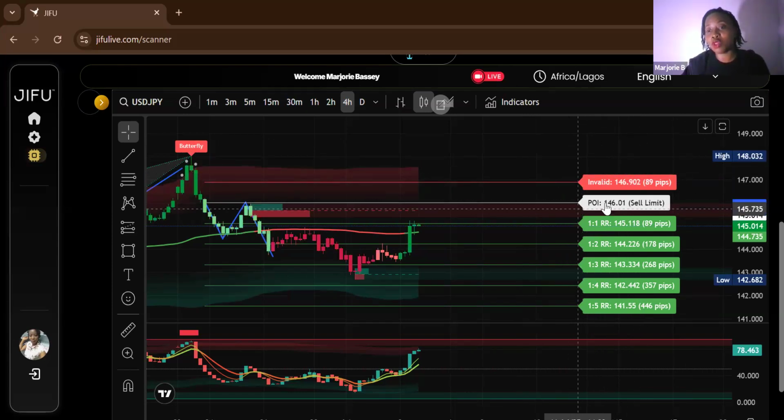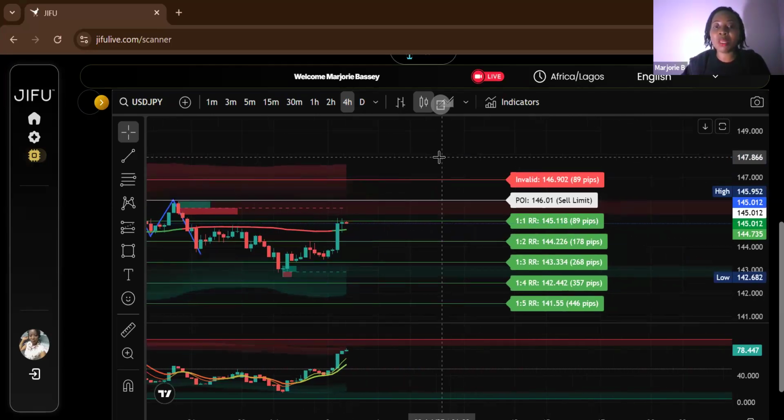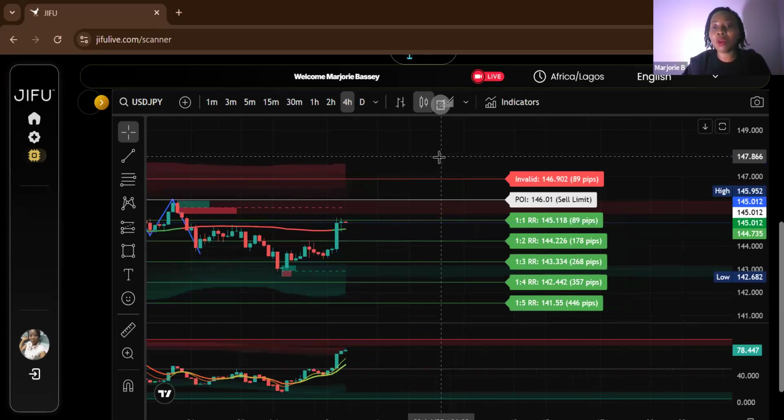You can see that the entry is in white with instructions, and the stop loss or invalidation is in red with instructions, and then TP1, TP2, TP3, TP4, TP5 are there. The prices are there. And we typically always say plan and go out at maybe TP1 or 2.